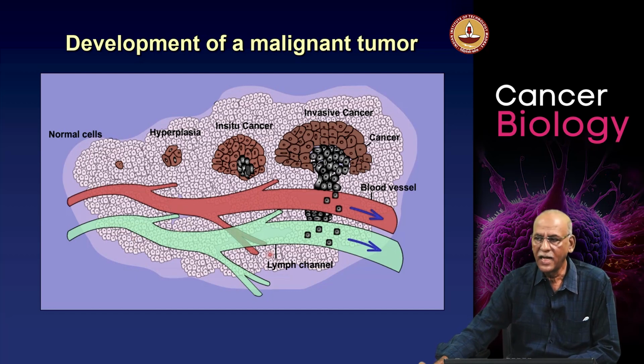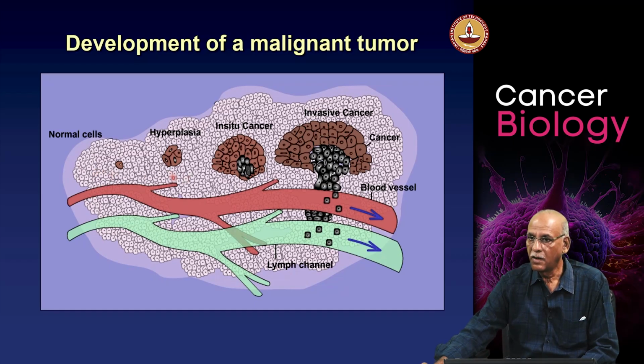In the case of malignant tumor, some of the important features during the long journey of a normal cell to be transformed into a cancer cell, there are several steps involved. So, let us say this is a normal cluster of cells, a slight abnormality happens, let us say a mutation happens, and then the structure slightly changes.